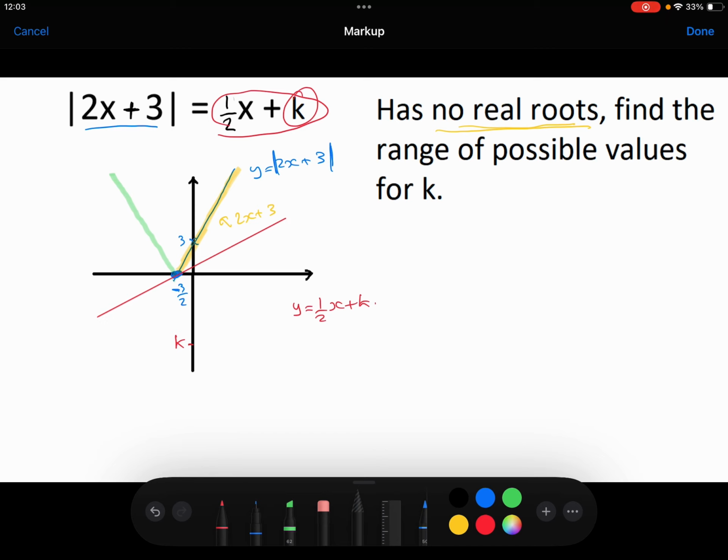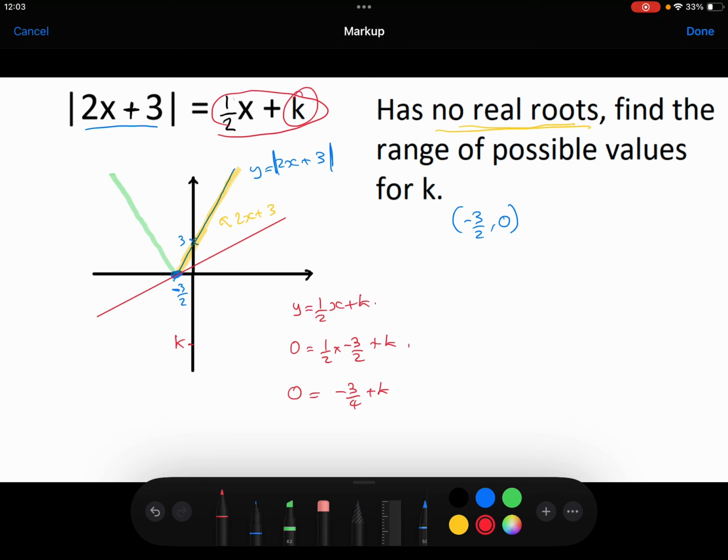Let's use the vertex, which remember has got the coordinate minus 3 over 2, 0 in this situation. And let's work out the value of k when the line goes through the vertex. So the y-coordinate is 0. The x-coordinate is minus 3 over 2. 1/2 times minus 3 over 2 is minus 3 over 4.